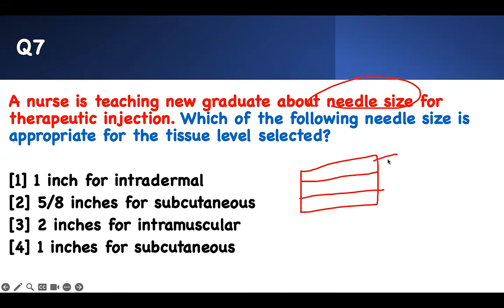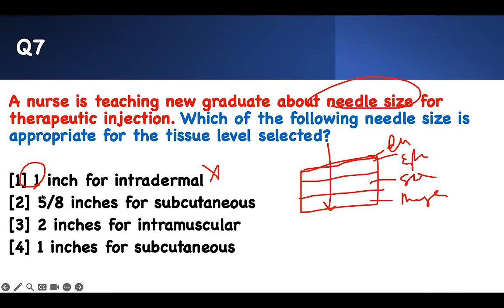The top is epidermis, and the top layer of it is the dermal area. Then this is subcu, where the fat is, and this is the muscle. Therefore, the longer the needle, the deeper it can go. So 1 inch for intradermal, which is right here.